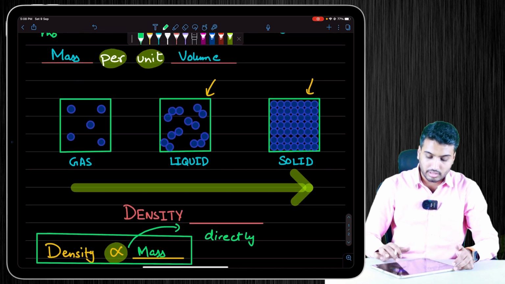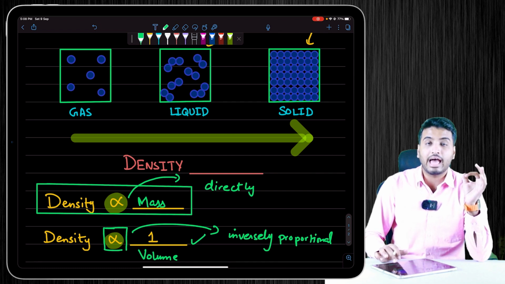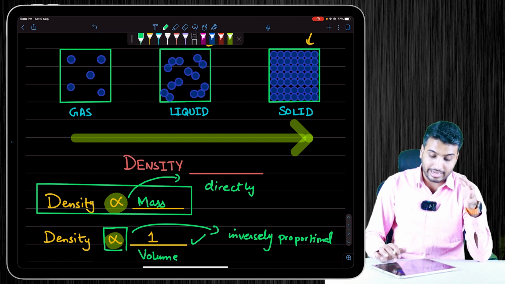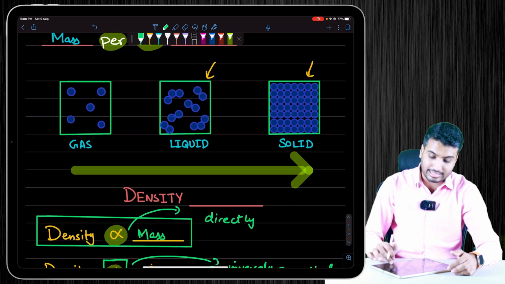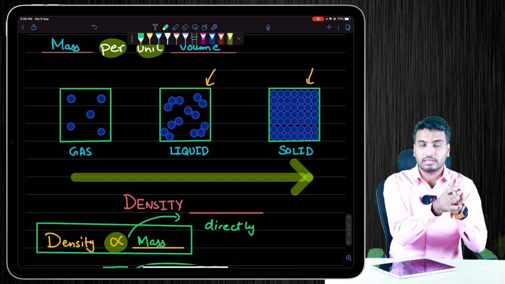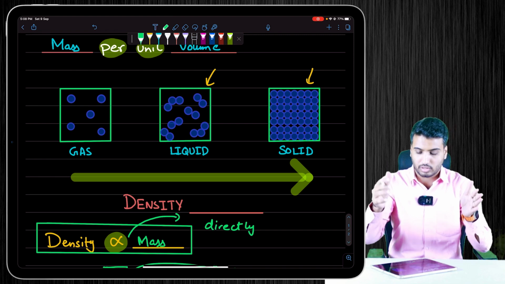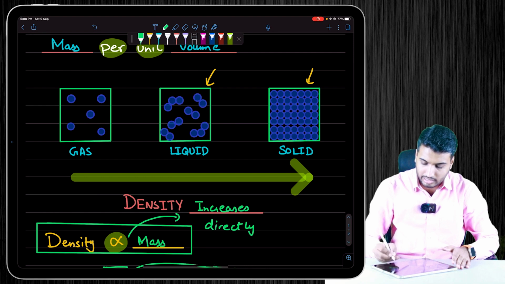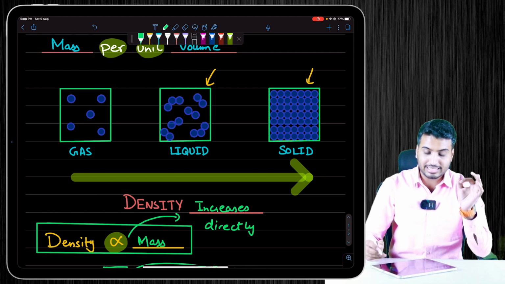Now we have the least amount of mass in the gas, so its density is also very less. Density increases if we move from gas to solid.